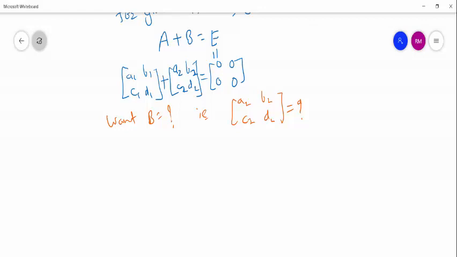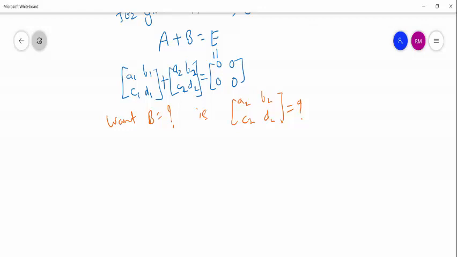The additive inverse of 3 is minus 3. I am particularly speaking of additive inverse, meaning the binary operation is addition, then the inverse of 3 is minus 3. If the binary operation is multiplication, then the inverse of 3 is 1 by 3. So here the binary operation we have given is addition, matrix addition.